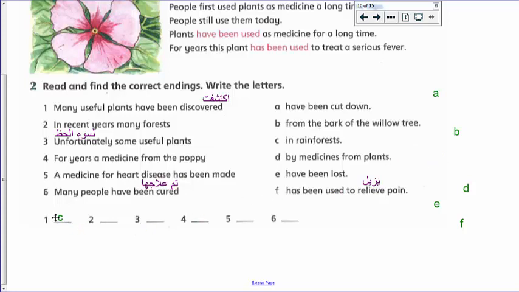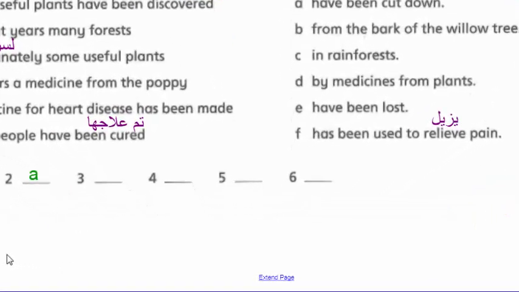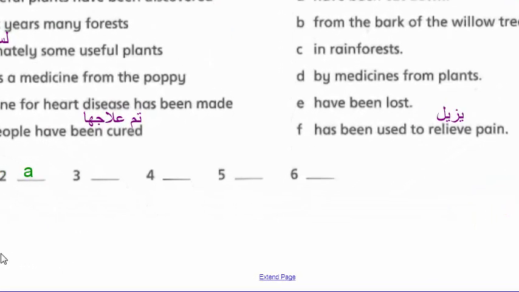In recent years, many forests, what happened to many forests? Yes, they have been cut down. So A the second one. Unfortunately, some useful plants have been lost.